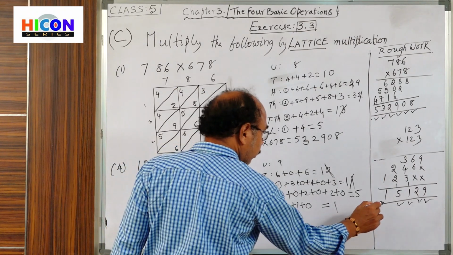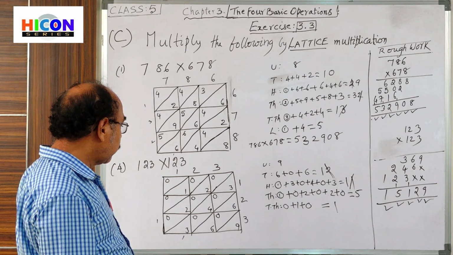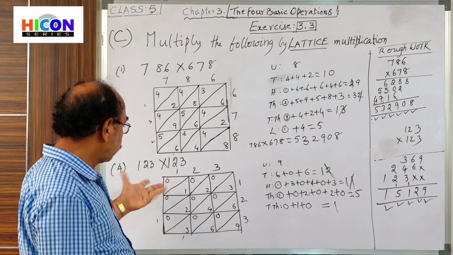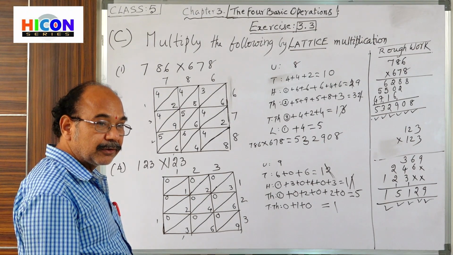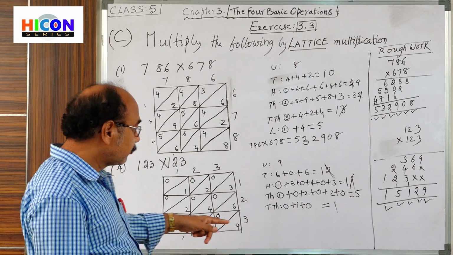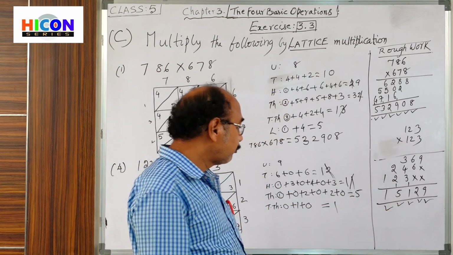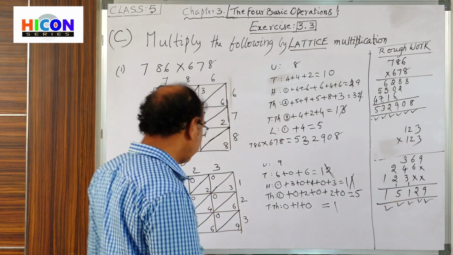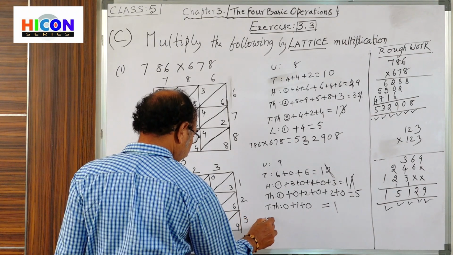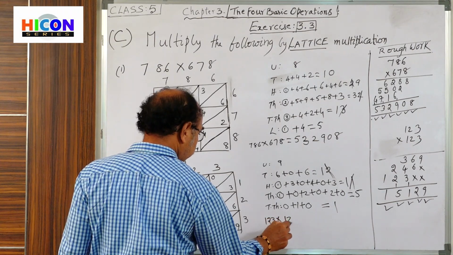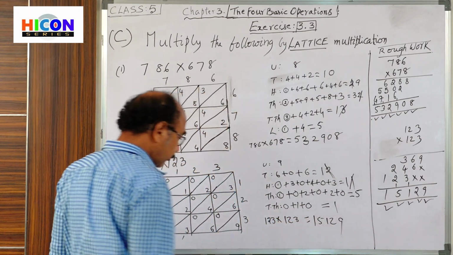So 1 tick mark. Finish. This 0 has no value, the number before 0 has no value. So here we get 15,129. Therefore here we write 123 into 123 is equal to 15,129.